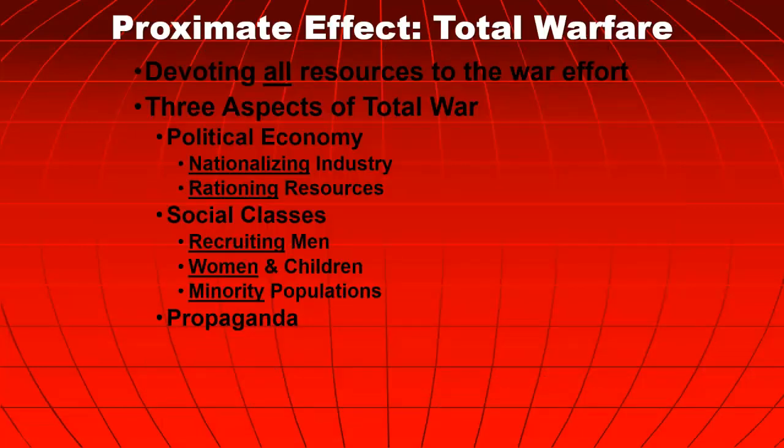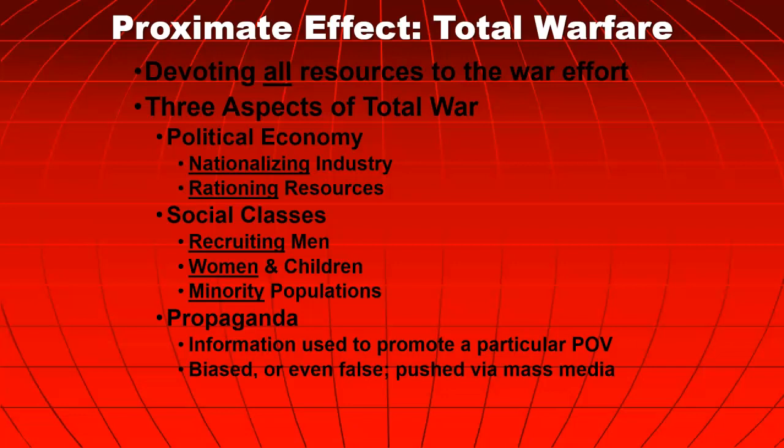A third aspect of total war, though, is the use of propaganda. Propaganda is information that is pushing a particular point of view, leading to a call to action. Now, we're going to look much more closely at how propaganda works in an activity later on in the week. But the big idea right now is, first of all, it's extremely biased, sometimes just flat out false, like not true at all.